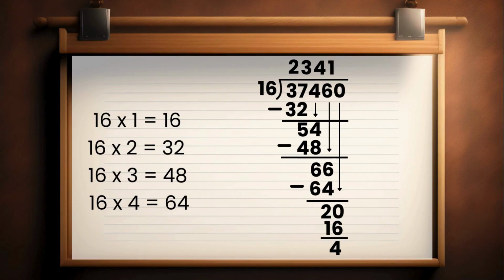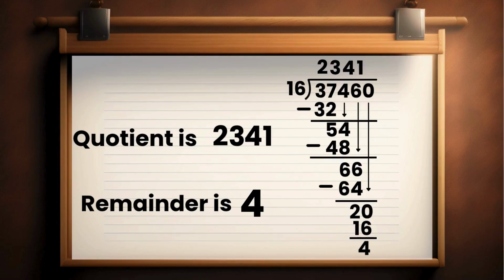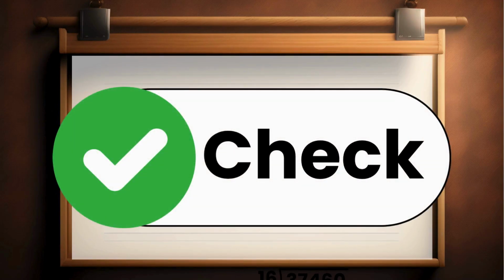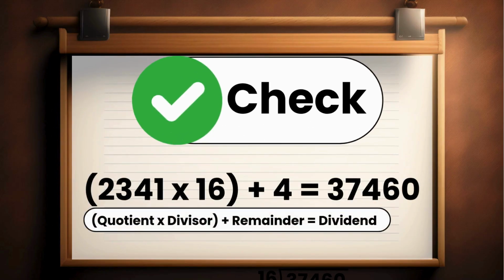We have 4 left. Since 4 is less than our divisor and we do not have any digit left from the dividend, 4 is our remainder. So quotient is 2341. Remainder is 4. We can also check our answer. 2341 into 16 plus 4 equals 37,460. We hope that you have understood the concept of division.